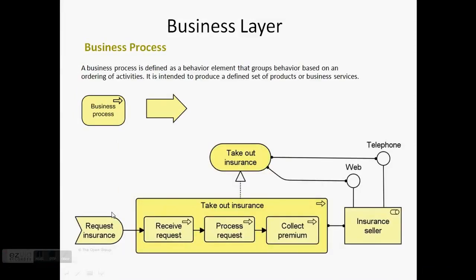Okay, the next entity is the business process. A business process describes the internal behavior performed by a business role that is required to produce a set of products or services.